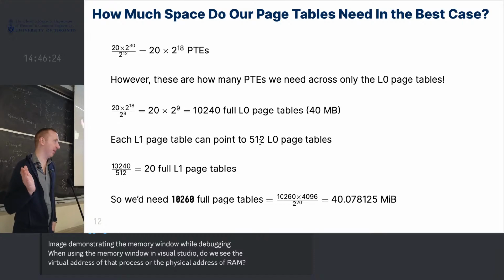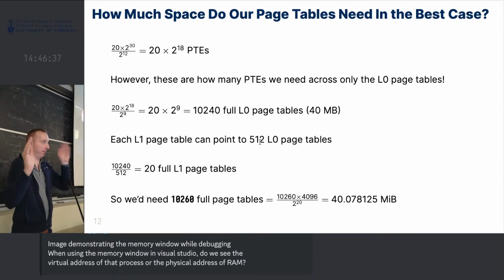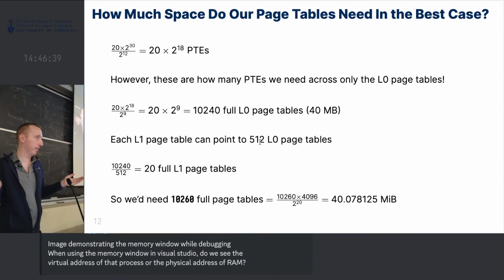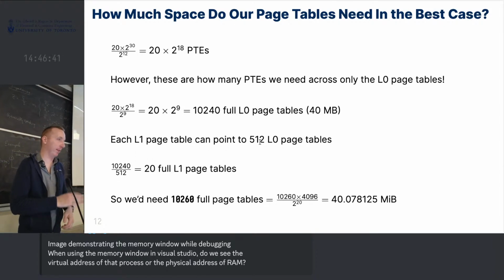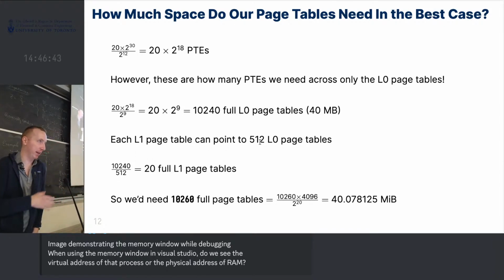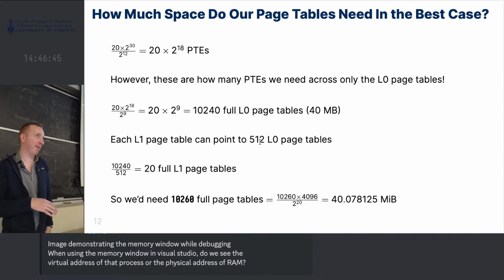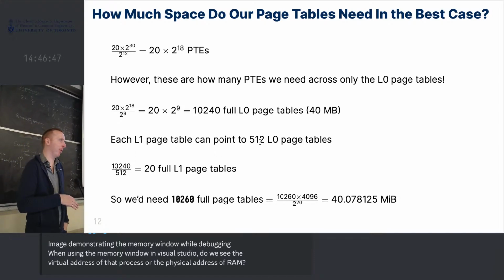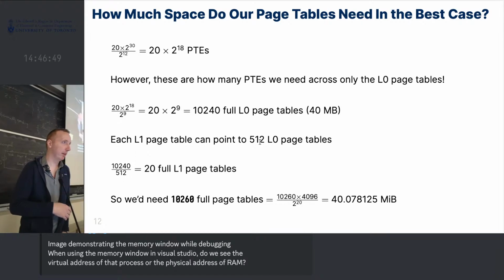Maybe they don't exactly fill a page table, maybe one has 1 entry and the other has 511. But it's only going to affect the first and the last, so it's not going to be that much different. The worst case would only be off by maybe 2 page tables.